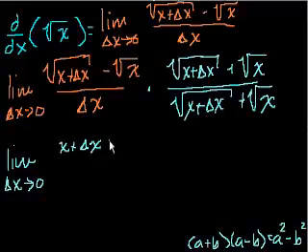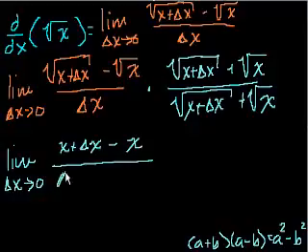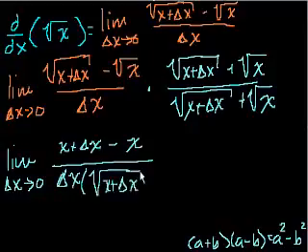And then what's b squared? So minus square root of x is b in this analogy. So square root of x squared is just x. And all of that over delta x times square root of x plus delta x plus the square root of x.